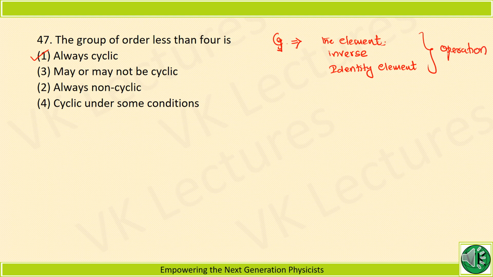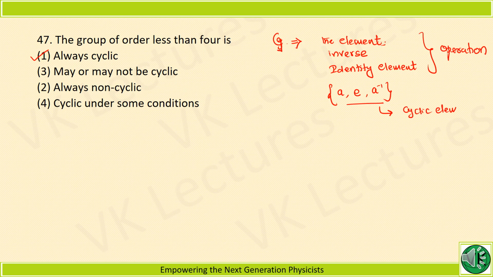Now these three you can write as a as an element, e as the identity element, and a inverse as the inverse element. So these three will constitute all the cyclic elements.